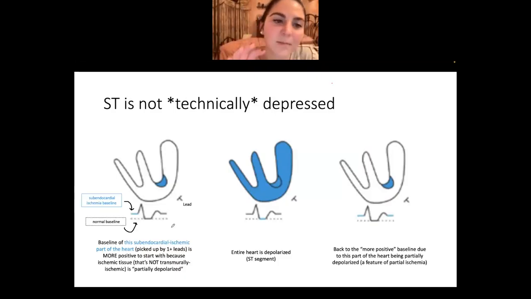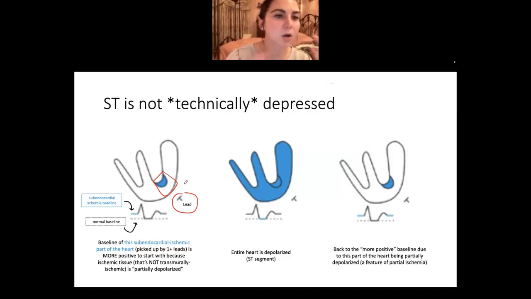In people that have subendocardial ischemia, and this is what I was talking about yesterday, which I hope will make sense, we can talk about it in a future session if you need. The cells are dead, but this entire area is not dead, so the lead is picking up this entire area. And this is just what happens with subendocardial ischemia.